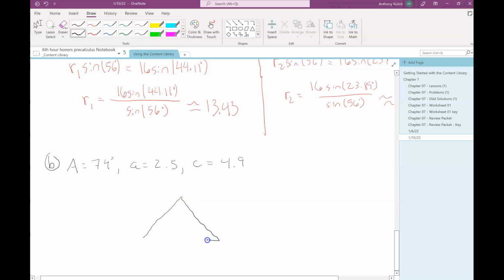So obviously one angle should be A, another angle should be C. I'm going to name the third angle B because, well, alphabet. So we have side a, side b, and side c, and then write in the givens.